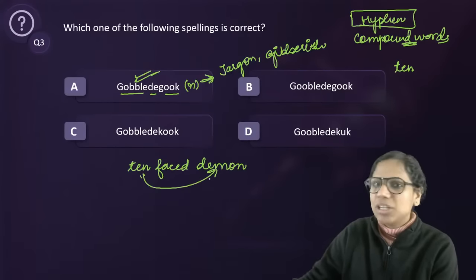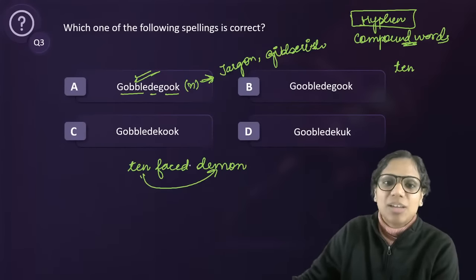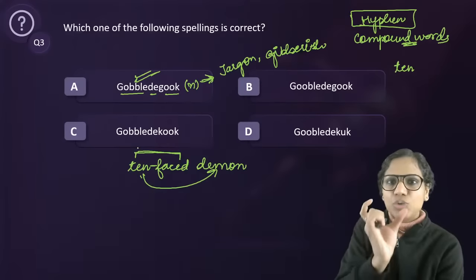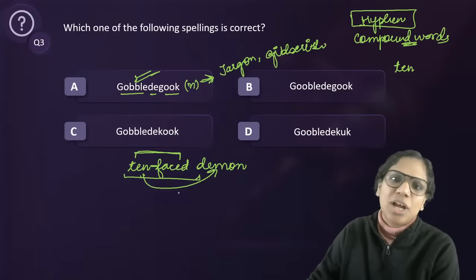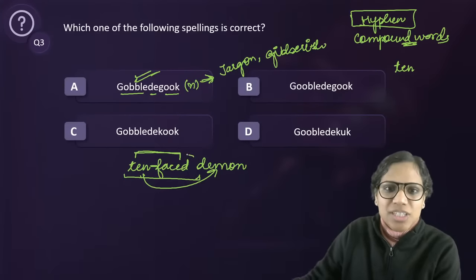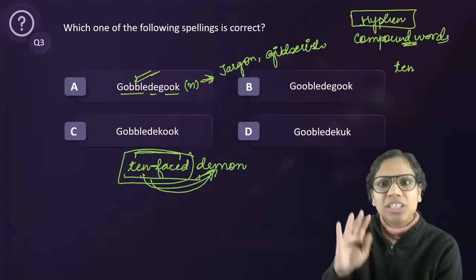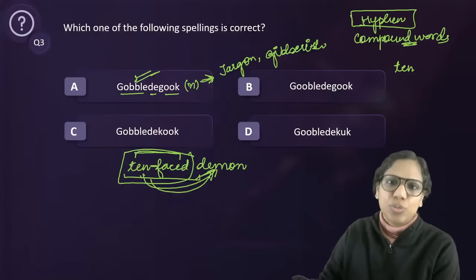But no, 10 is not describing demon. Rather, 10 is describing faced. So I put a hyphen here to indicate that I am using it as one term, a compound word. I am using it as one word, 10-faced. Now this entire 10-faced describes demon. So no confusion whether 10 is describing demon or not. This is the purpose of hyphens, to form compound words.